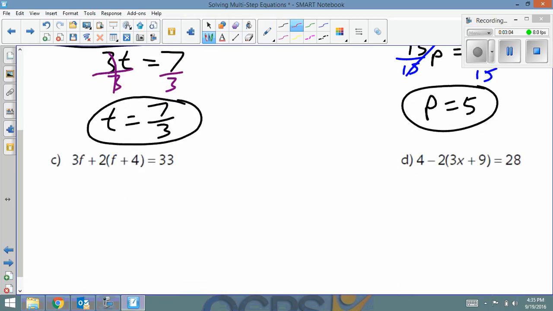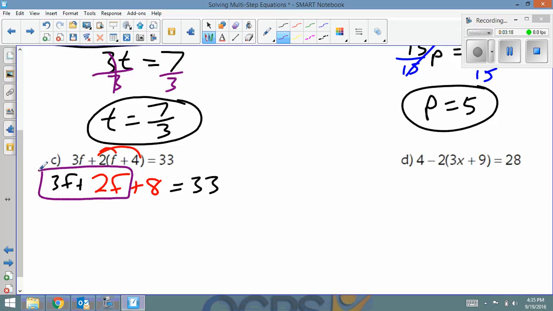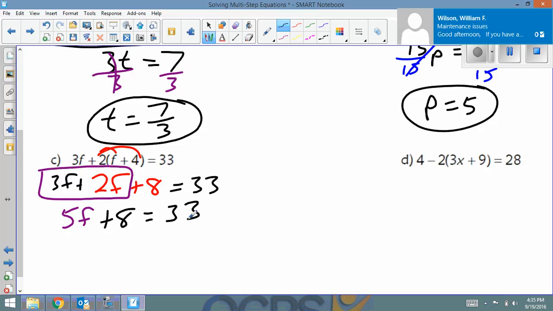Okay, we want to distribute always first, so that's 2 times f, which is 2f, and then 2 times 4, which is 8. Everything else is going to come down, so we're going to have 3f and then 33. Then combine like terms if we can. We can combine these two. 3f plus 2f is 5f, and everything else will come down. Then we're going to add or subtract both sides by that constant.